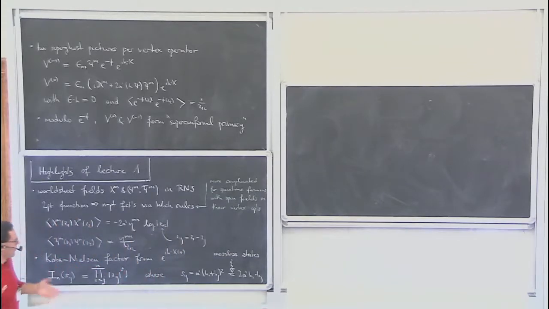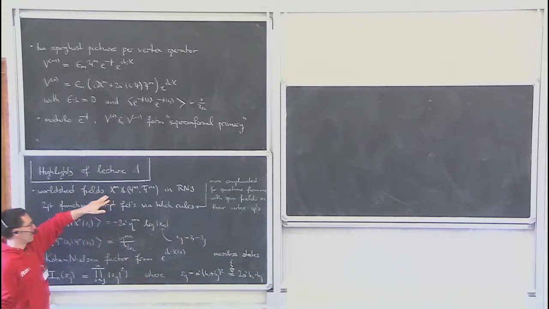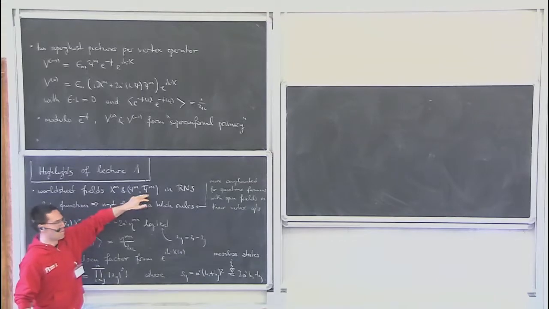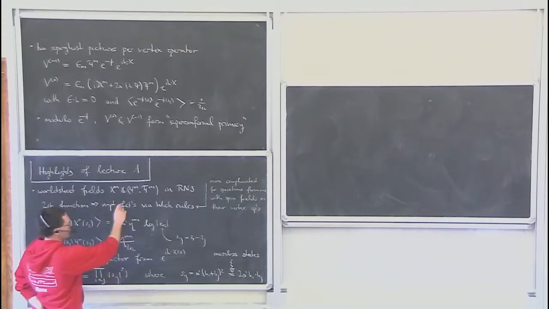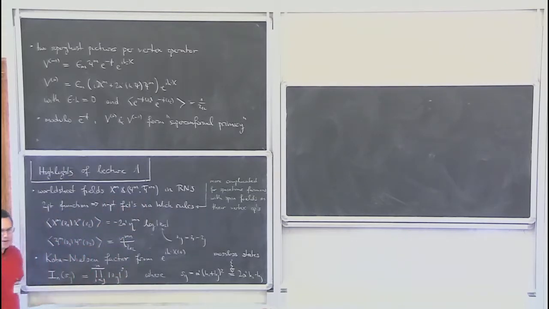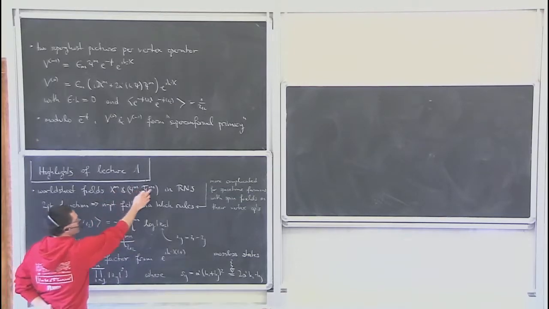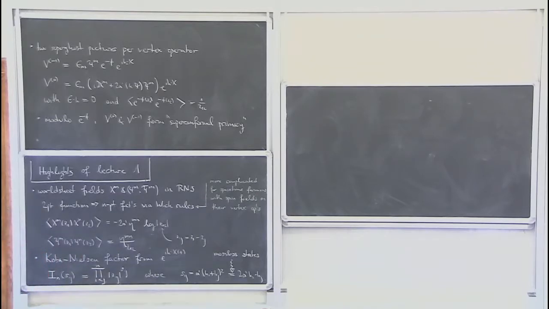I wrote down the worldsheet action for you and at least gave you an account of the matter part in this conformal field theory. There were the worldsheet scalars, X^m, and the worldsheet spinors, psi and psi bar. They all carry a space-time index m, running from 0 to 9, but from the worldsheet point of view, these space-time indices are just spectators and don't really worry us in our CFT calculations.